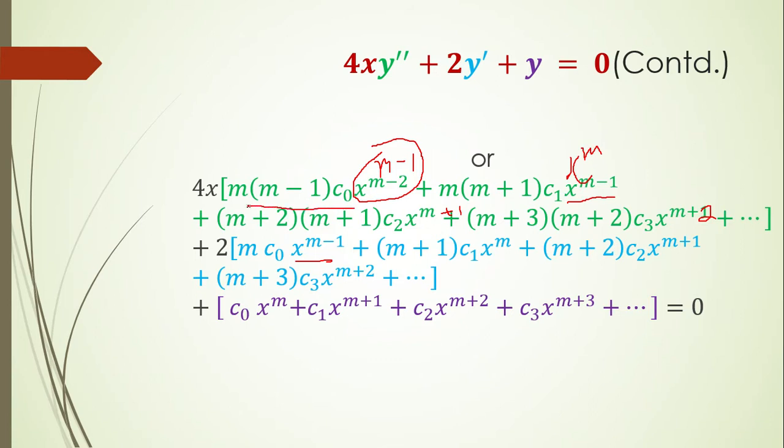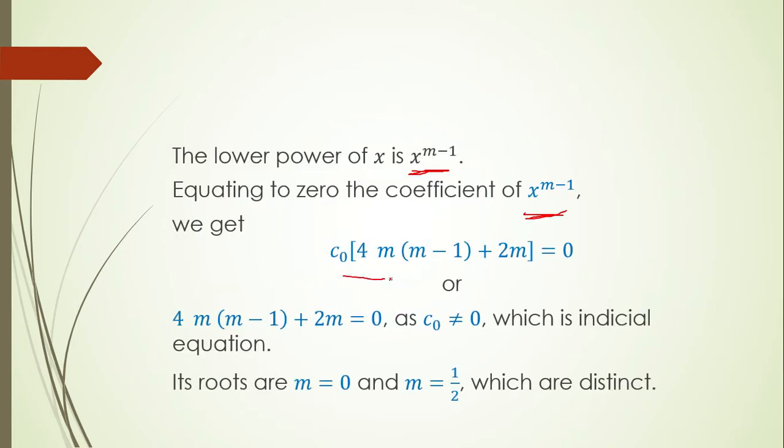c0 into 4m(m minus 1) plus 2m is equal to 0. Since c0 is not equal to 0, this part is equal to 0.